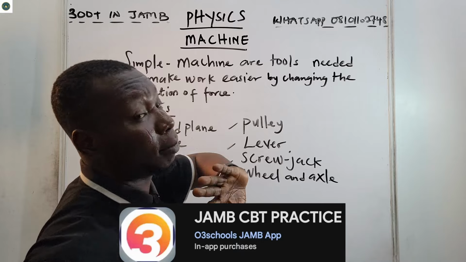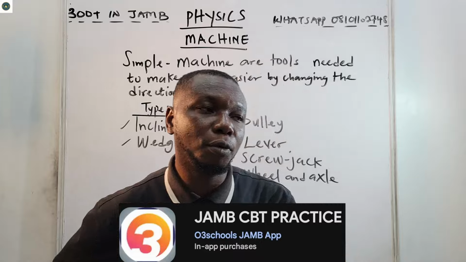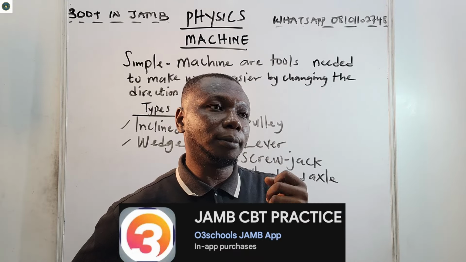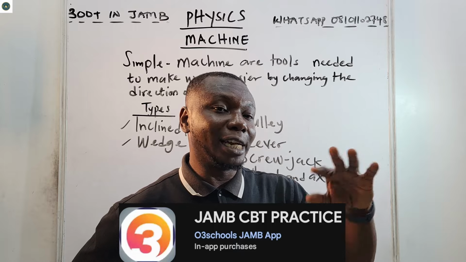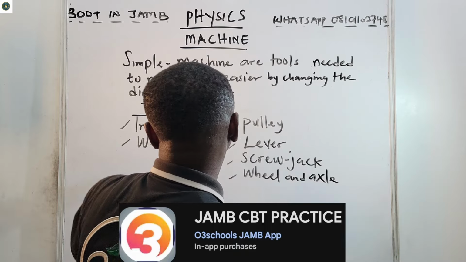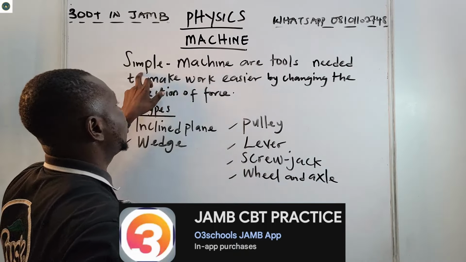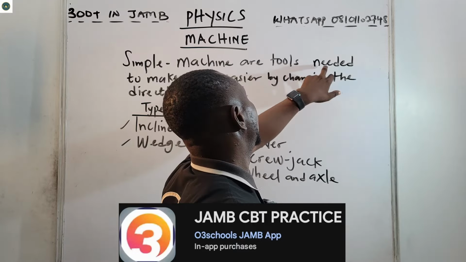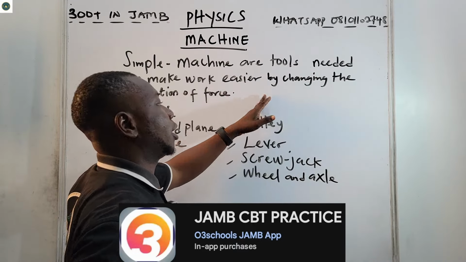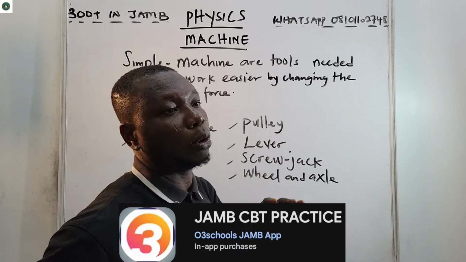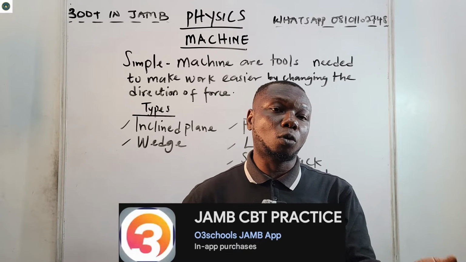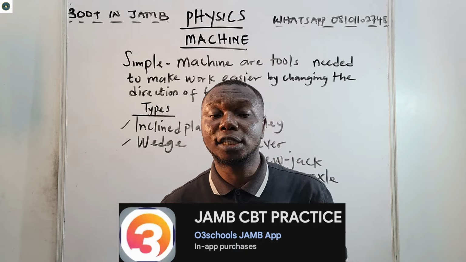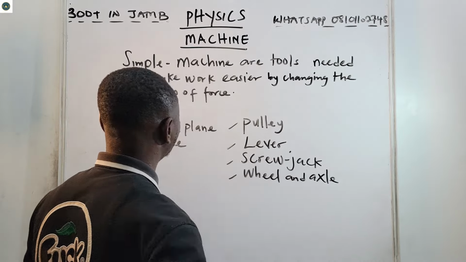Now we have machine, simple machine. Remember, we have complex machine and simple machine. Complex machines need more critical thinking in terms of their designs. Simple machines are tools needed to make work easier by changing the direction of the forces, either in the clockwise or the anti-clockwise direction.